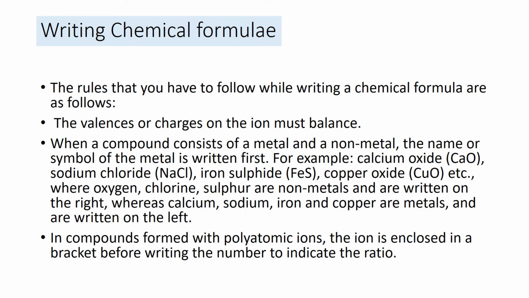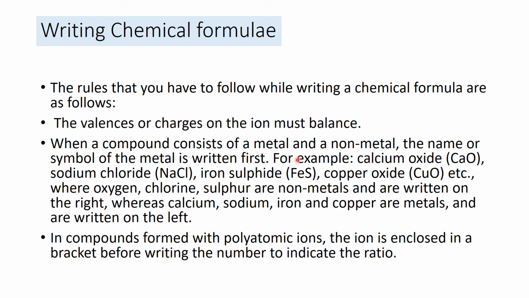Now students, there are some rules for writing the chemical formula which you have to follow strictly. The valencies or the charges on the ions must balance. Second, always the metal name is written first and the non-metal name afterward. Or you can say on the left hand side you will always write the metal, and on the right hand side the non-metal.